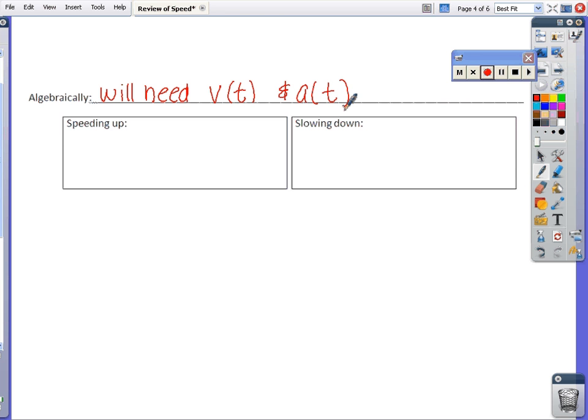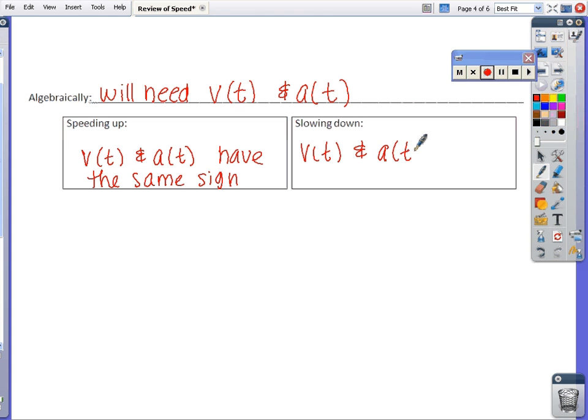Algebraically, you need velocity and acceleration. So if you are speeding up, the easiest way for me to describe this is that velocity and acceleration have the same sign. Slowing down, your velocity and acceleration have different signs.